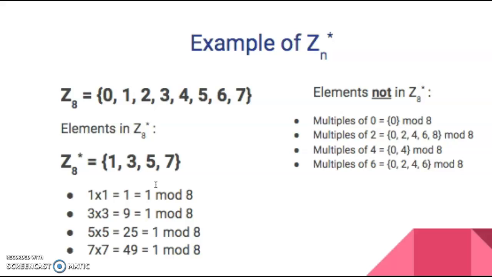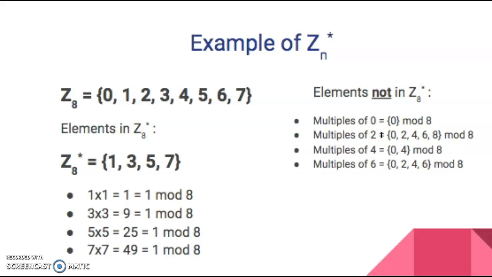Now, if we look at the other integers in the integers modulo 8, you can see why they are not in the integers modulo 8 star. That is because if we were to take any of these integers, 0, 2, 4, or 6, and find their multiples modulo 8, they do not generate 1. So if we take 0 and multiply it by anything, it's never going to produce anything other than 0 modulo 8, which makes sense.